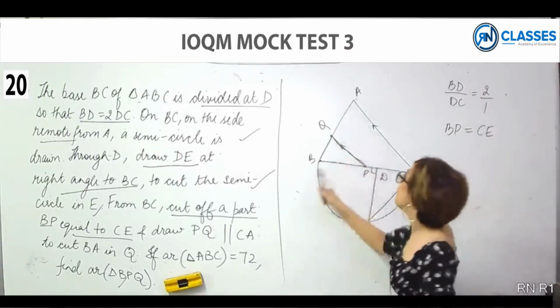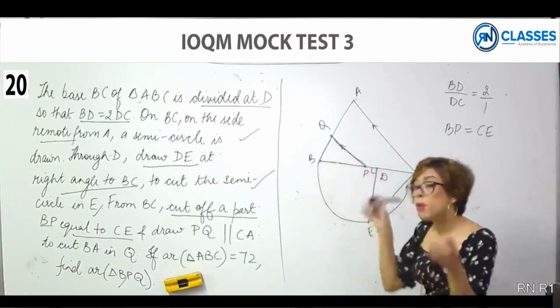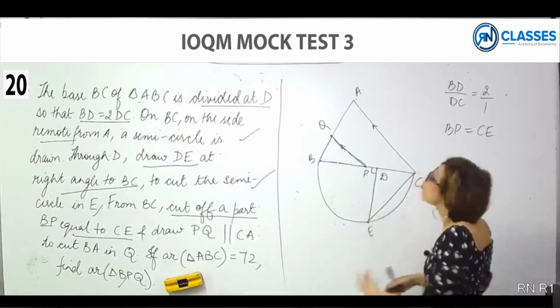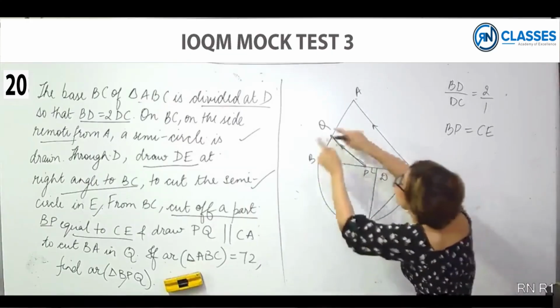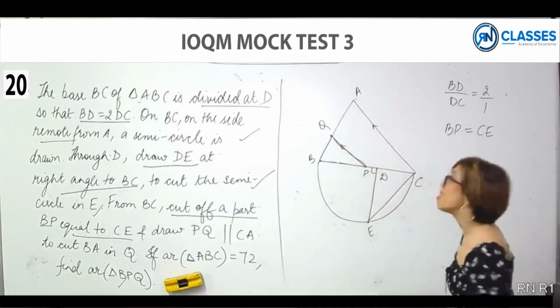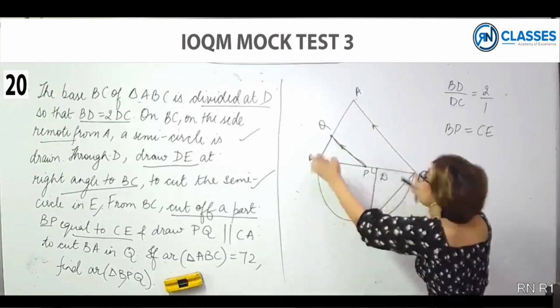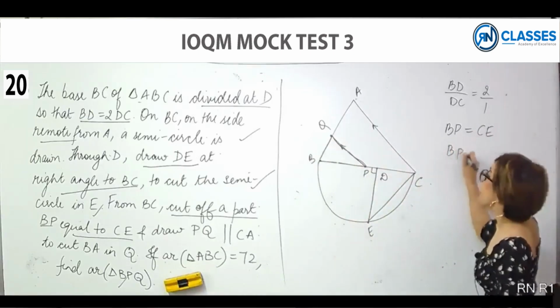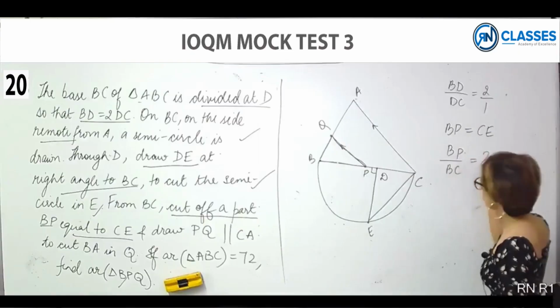Right? If I know the bigger area, I can find the smaller area, provided I know what? The ratio of the sides. So I should know, maybe I should know BC by BC, maybe I should know BQ by BA, maybe I should know QP by AC. Now my guess is I will get to know BP by BC. So all I am interested in is finding out the BP by BC ratio.